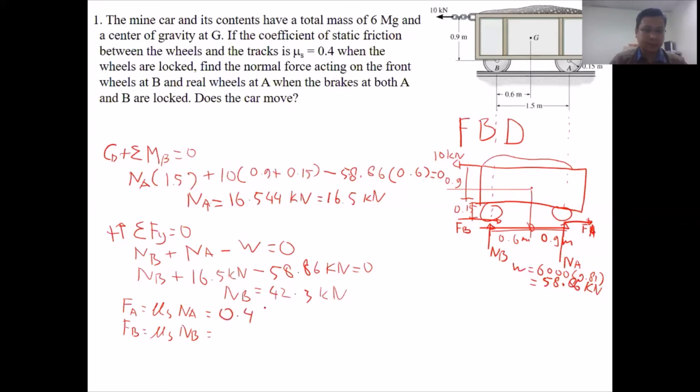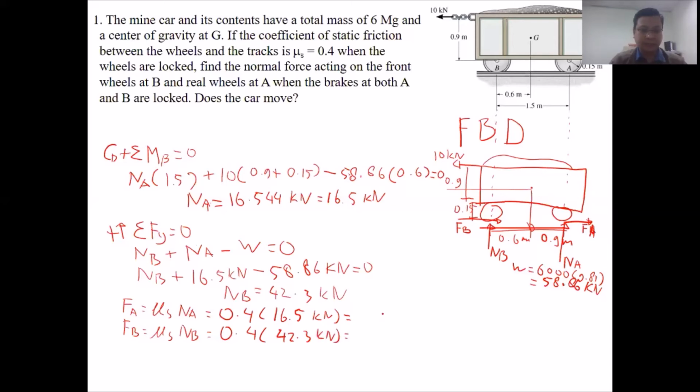For control, there's 16 kilonewton. Then also, if you lock in the wheel, it will be 2 kilonewton.